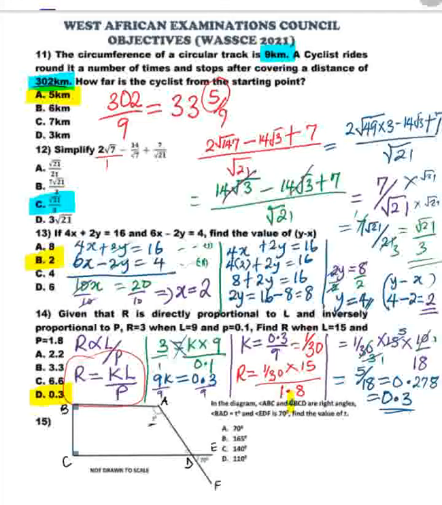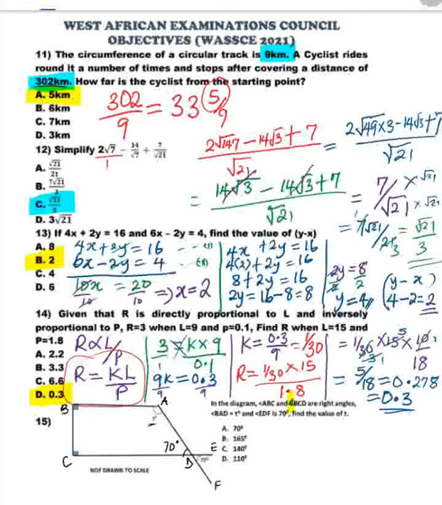We can say this angle is equal to 70 degrees. Vertically opposite angles are equal. Recall angles between lines. So if here is 70, here also will be 70.